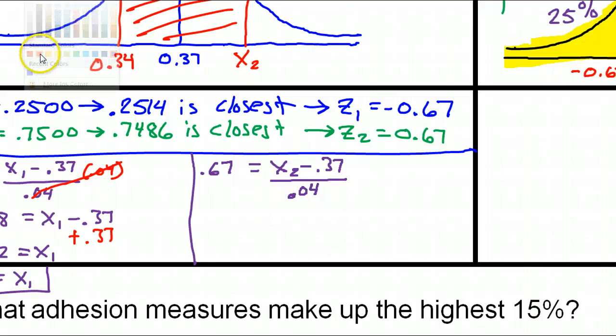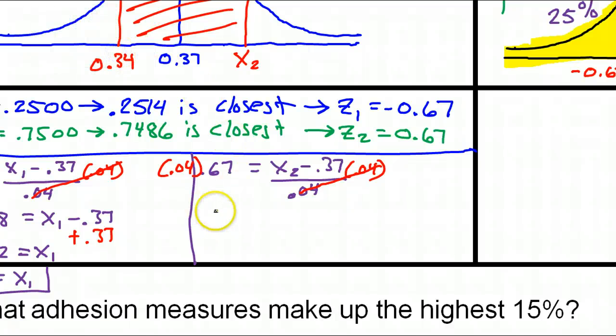Once again, multiply both sides by 0.04. So these will cancel. So 0.04 times 0.67 is giving me 0.0268. And that is x2 minus 0.37.